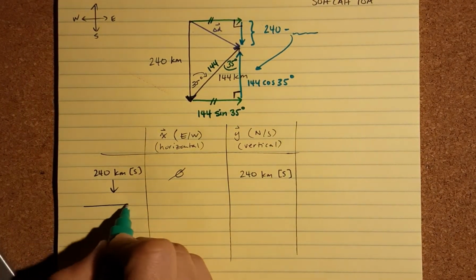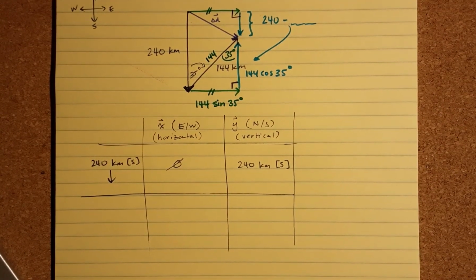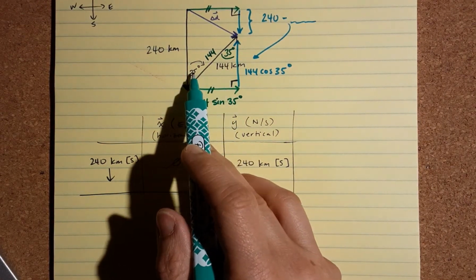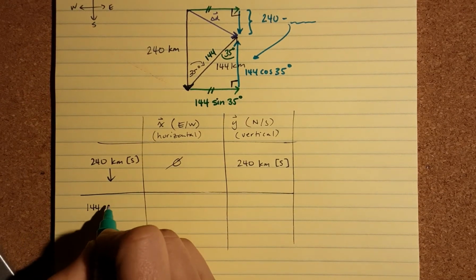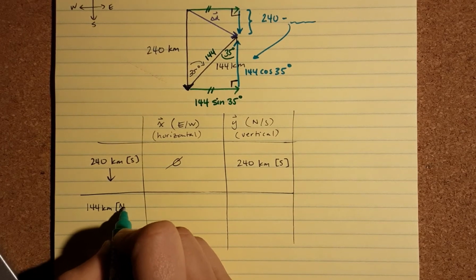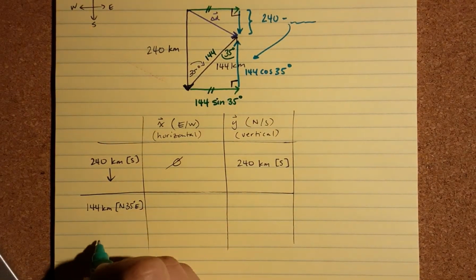All right, so that one is the easy one. The next one has two dimensions. That is my 144 kilometers north, 35 degrees east.